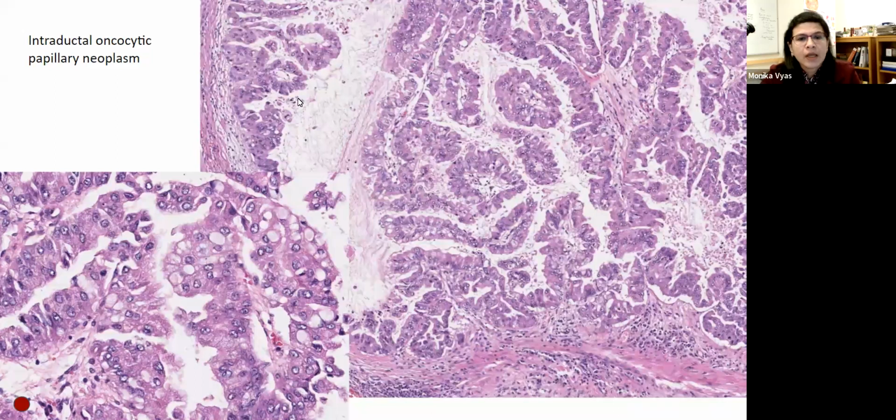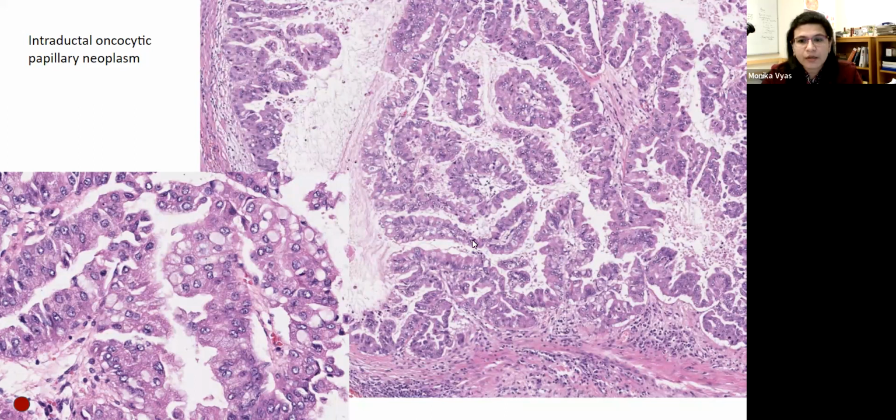You can see that the epithelium has abundant eosinophilic granular cytoplasm. The nuclei are large, vesicular with prominent nucleoli. So this is the classic appearance of an oncocytic neoplasm with abundant granular eosinophilic cytoplasm.